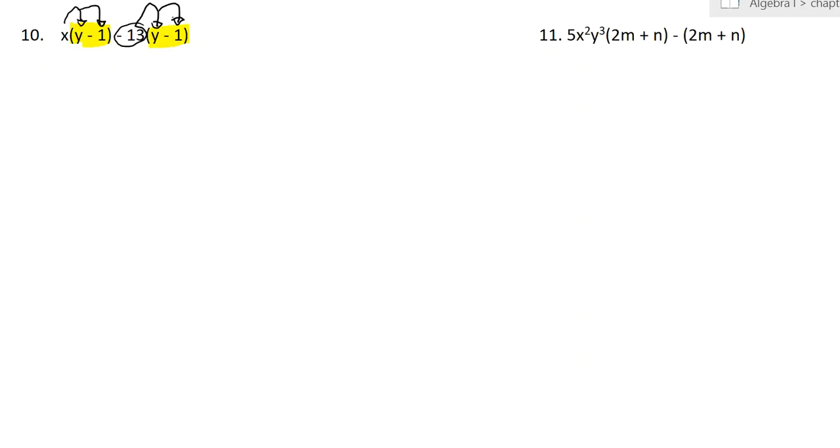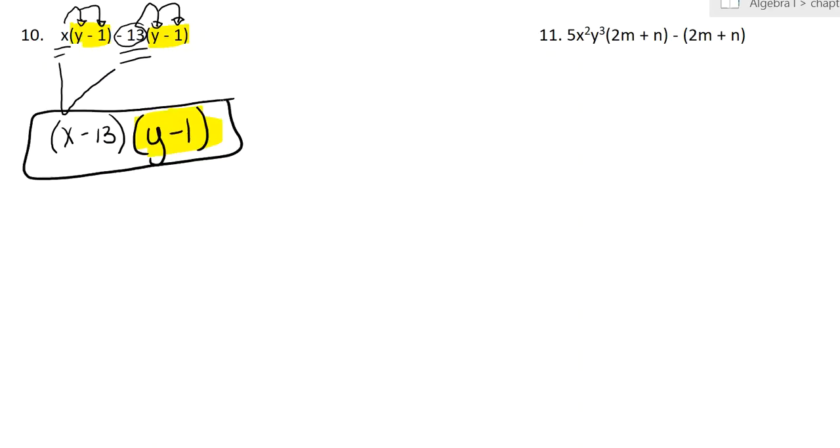This is like the FOIL process we talked about in chapter 5, except the x and negative 13 are separated. So to factor this, I'm going to regroup x minus 13 in one parentheses. And then this y minus 1 becomes its own grouping as well.